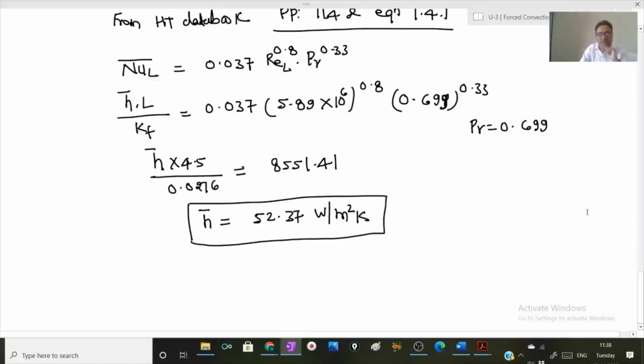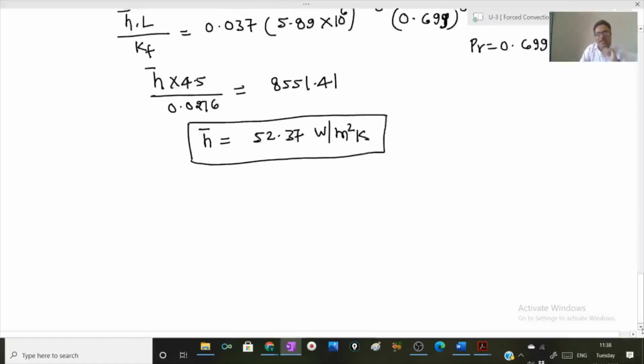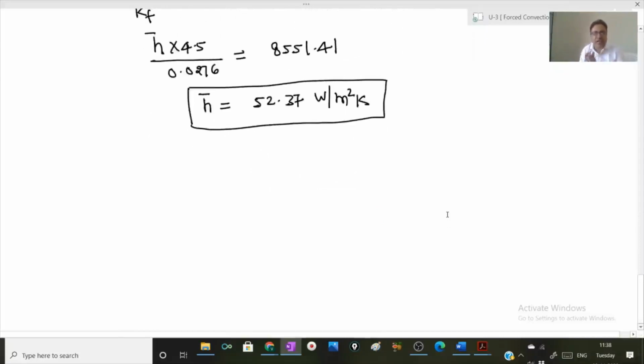Okay. So all these general steps are over. Now we can start calculating what has been asked in the problem point wise. So the very first thing you have been asked to calculate is heat transfer rate.